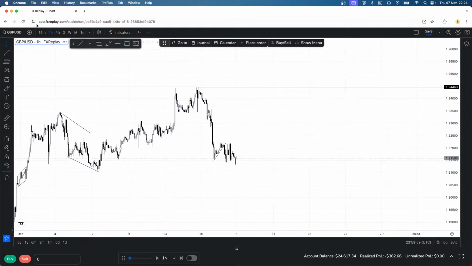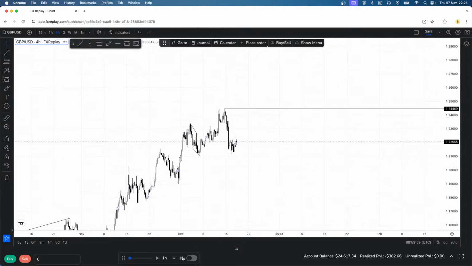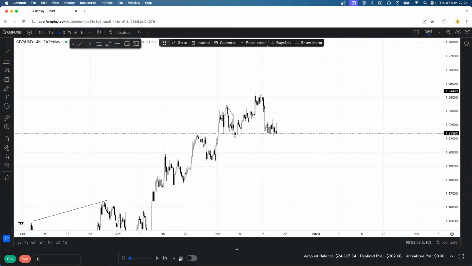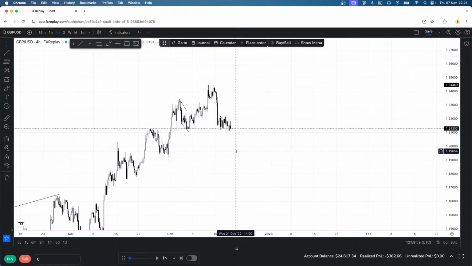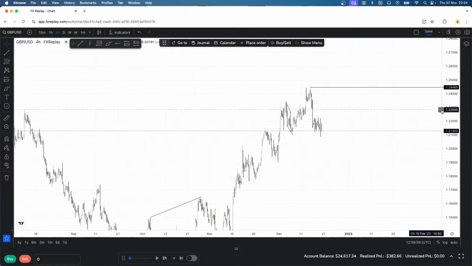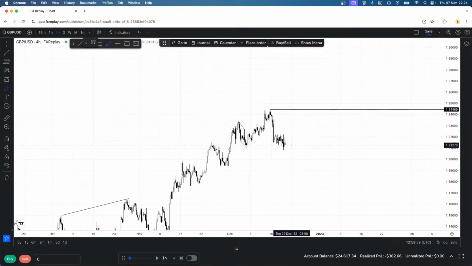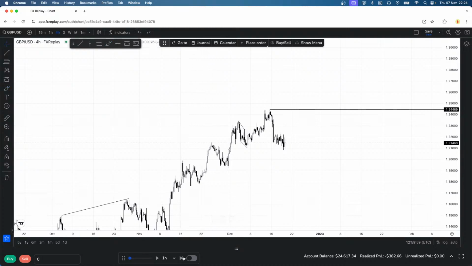Okay. So in order for me to look for continuation, there would have to be a move like this, a move like this. We have a complete correction. I look for buys, right? So for now, I'm just gonna sit back and let market develop.